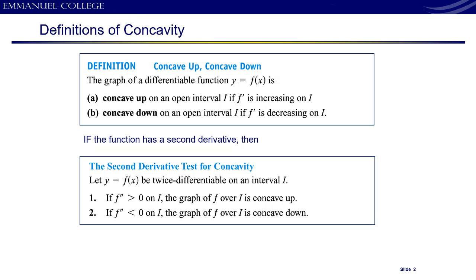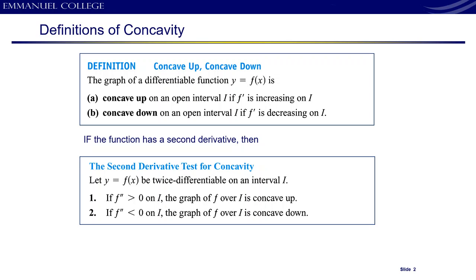This is why I said we're going to assign more meaning to the second derivative. If f double prime is greater than 0 on an interval, then the graph on that interval is concave up. And vice versa for concave down: if it's less than 0.